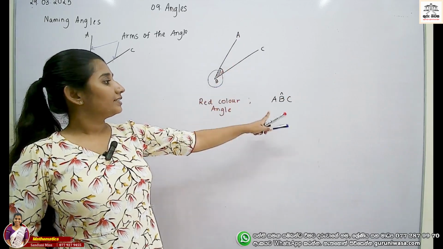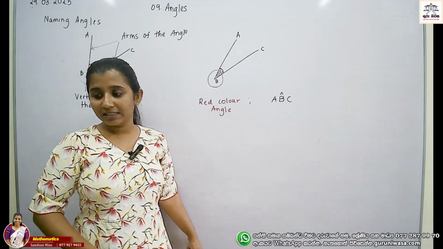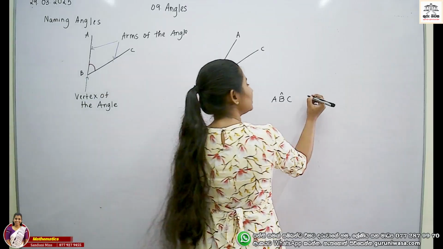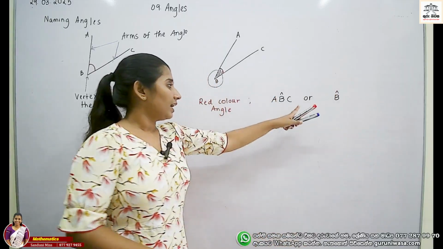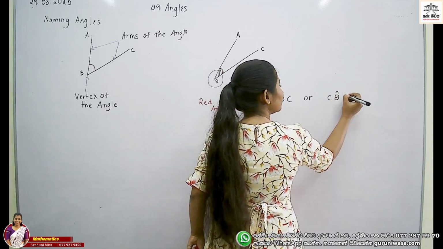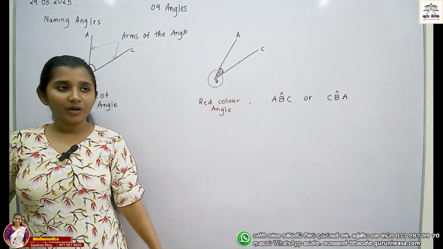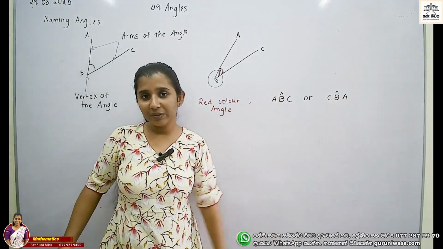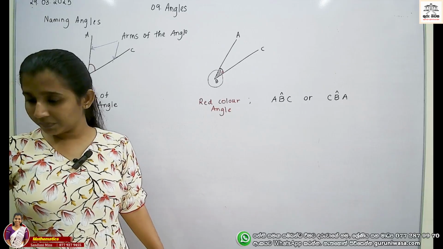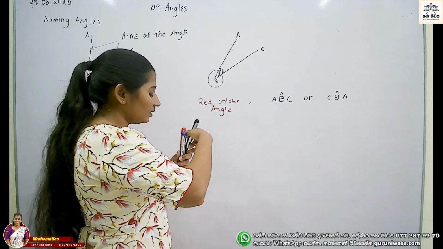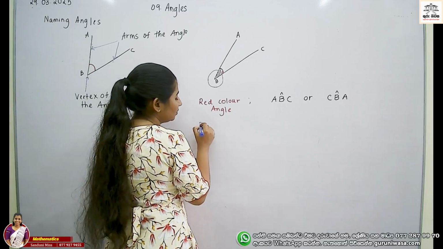This red color angle is ABC. Or you can write CBA, B is the hat, the same meaning, no problem. What can I say about the blue color angle?